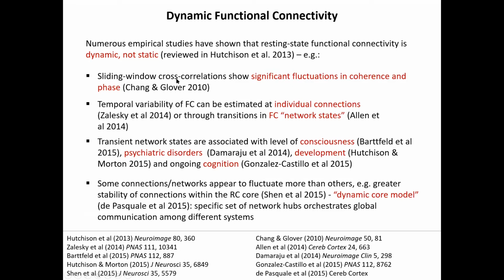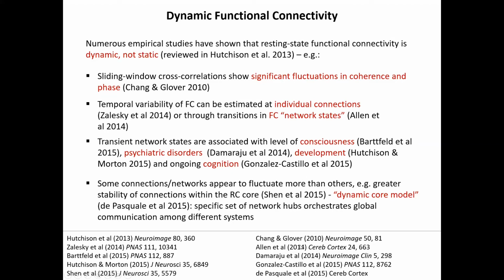Yes, sliding window, cost correlations show significant fluctuations over time. There are network states, as they have been called, which are repetitive patterns that occur in such a movie that we can cluster and identify as belonging to a particular class of configuration. There are differences in dynamics that occur in psychiatric disorders, development, consciousness, and during ongoing cognition as well.